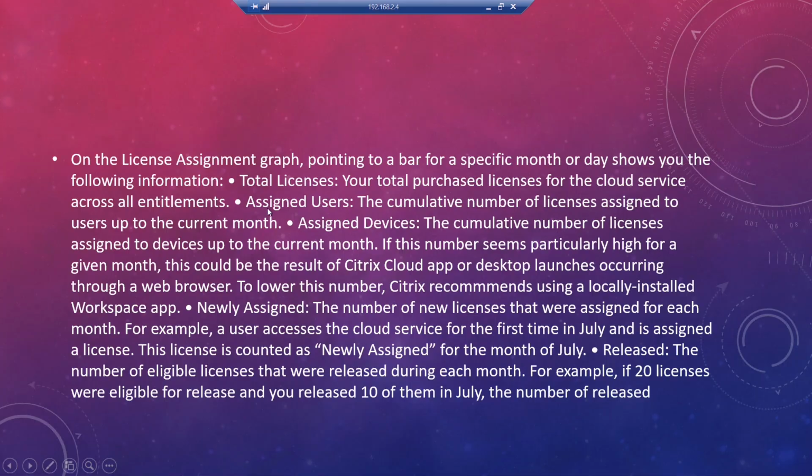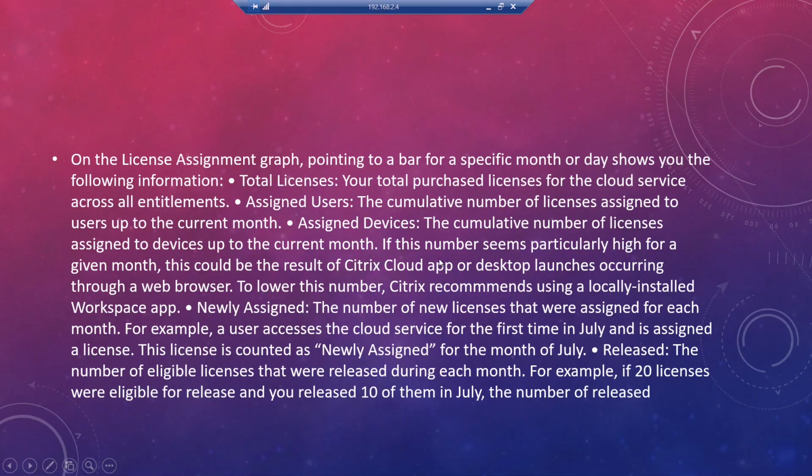We will find the details of the assigned users, the cumulative number of licenses assigned to users up to the current month, and for assigned devices as well, the cumulative number of licenses assigned to devices up to the current month.